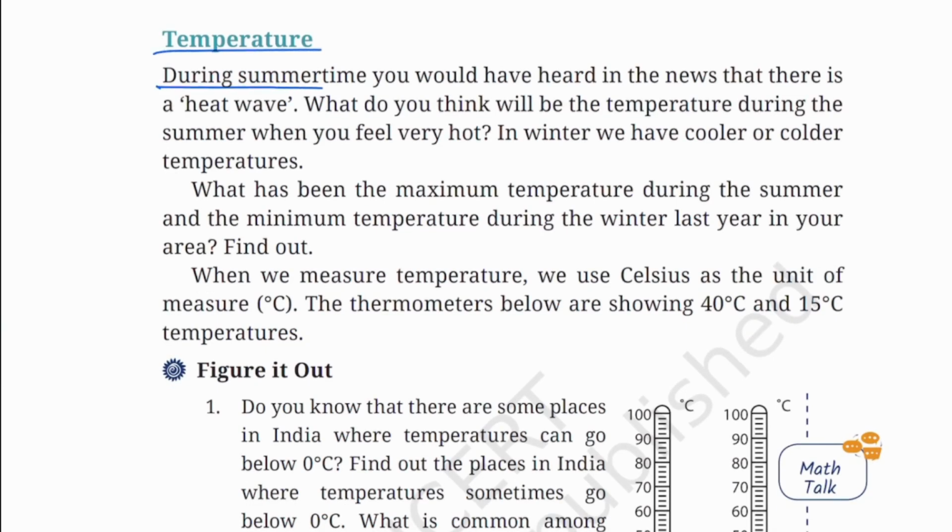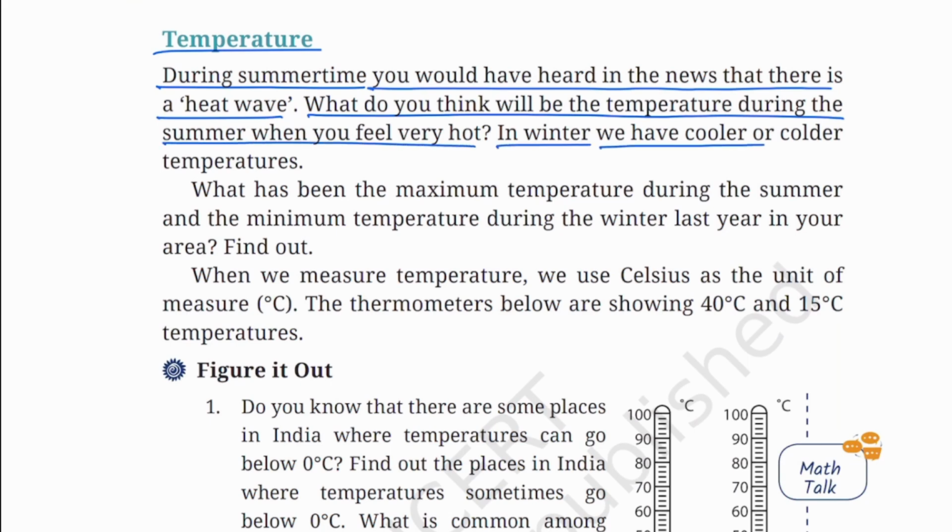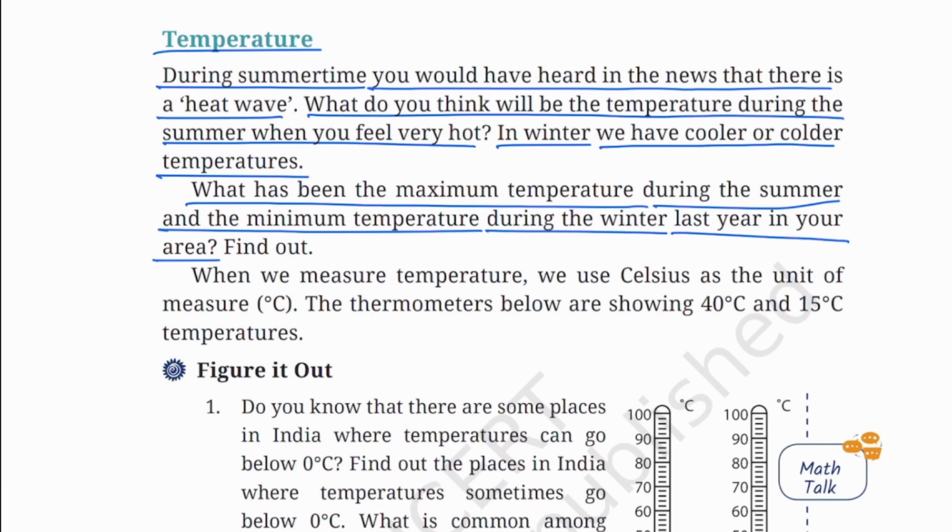Temperature. During summertime, you would have heard in the news that there is a heat wave. What do you think will be the temperature during the summer when you feel very hot? In winter, we have cooler or colder temperatures. What has been the maximum temperature during the summer and the minimum temperature during the winter last year in your area? Find out.